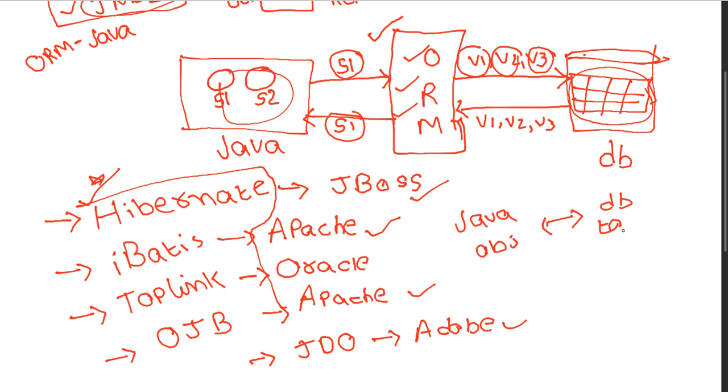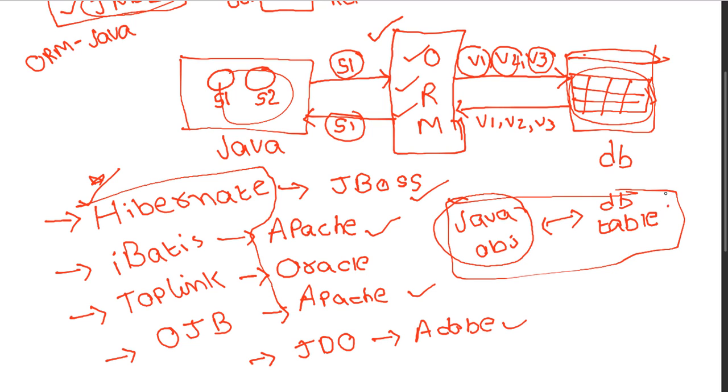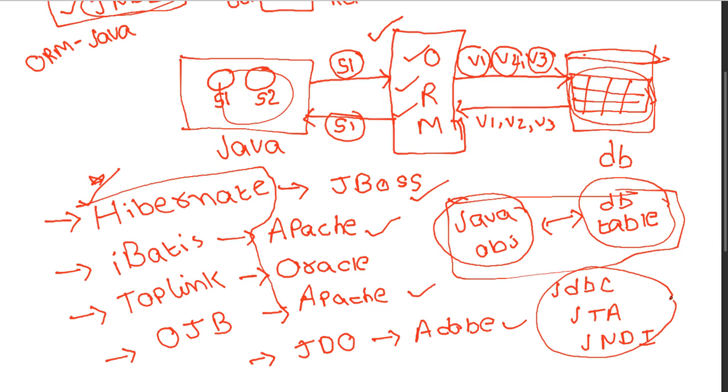Each and every ORM tool does this internally, converting a Java object to a database table by using JDBC, JTA, Java Transaction API, and JNDI. These three APIs are used internally for converting a Java object into a database table. That is the advantage of an ORM tool, and these are the famous ORM tools.